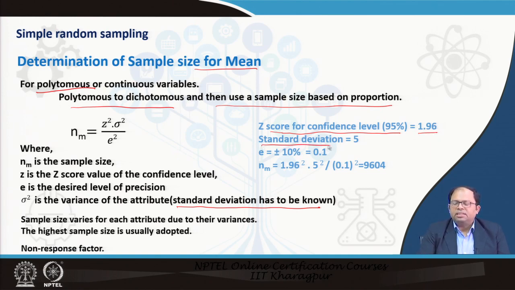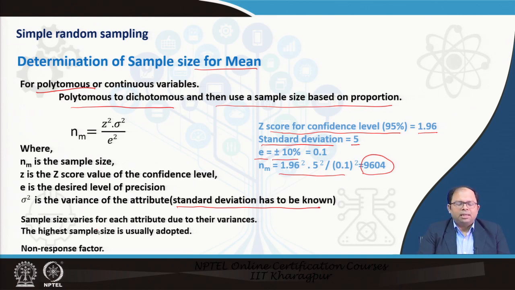Let's take a standard deviation for this particular attribute as 5, and for the error value, that is the sampling error, we set a precision value of plus minus 10%. That means if the actual estimate is 50, the estimate could be from 40 to 60. That is the kind of precision I am allowing. Using the formula, we estimate Nm and we see that the sample size comes to around 9,604 samples. This is the number of samples that we need to collect using this particular method.